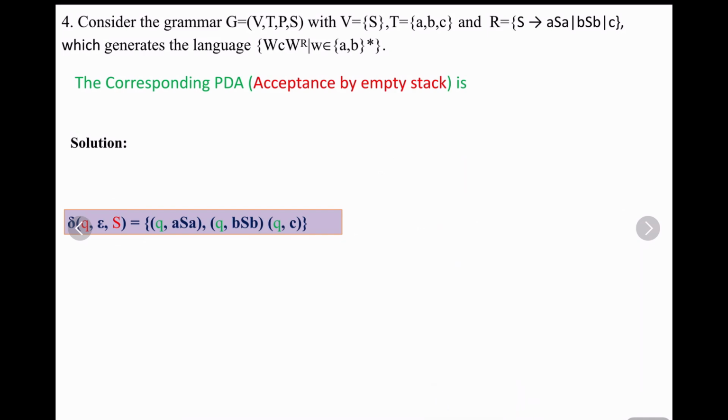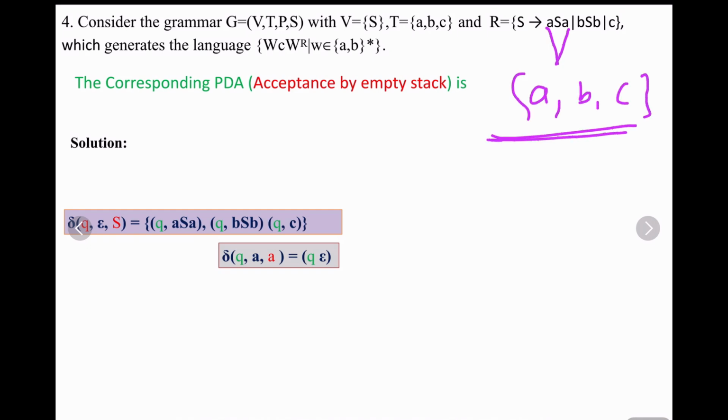The push operation is over. Next you have to pop, because all the productions have been pushed onto the stack. The terminal symbols here are A, B and C. Whenever A is on top of the stack and the input is A, pop it.